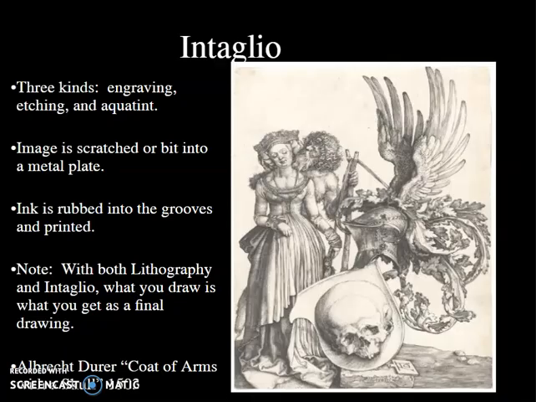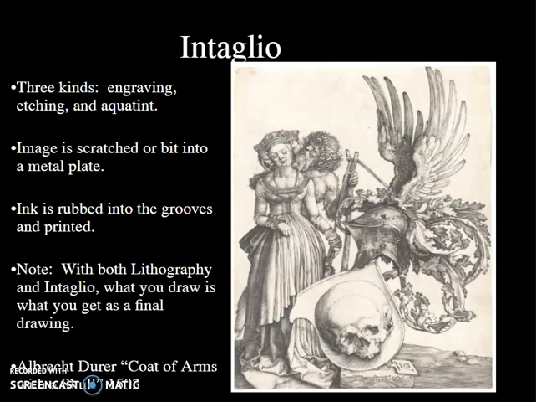One of the next types that we will talk about is intaglio, and this can be further broken down into three other parts, which would be engraving, etching, and aquatint. But essentially, intaglio means that you are using a type of metal point, where you are scratching into a piece of metal with some sort of metal tool or stylus.